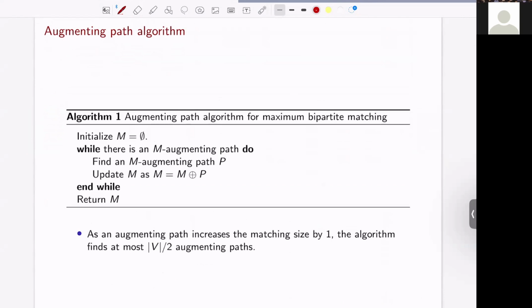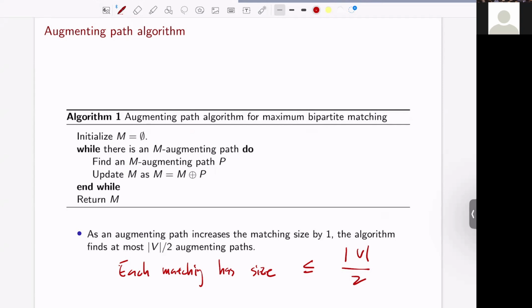One note is that the number of augmenting steps is bounded by the number of vertices divided by 2. This is just because each matching has size at most the number of vertices divided by 2, right?